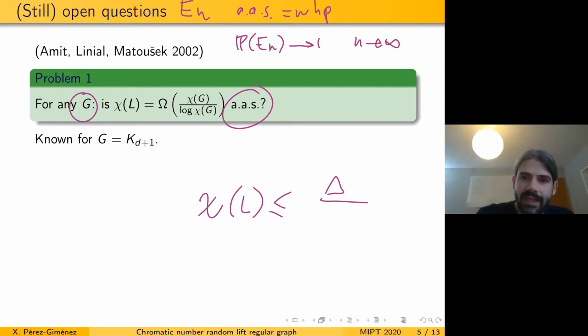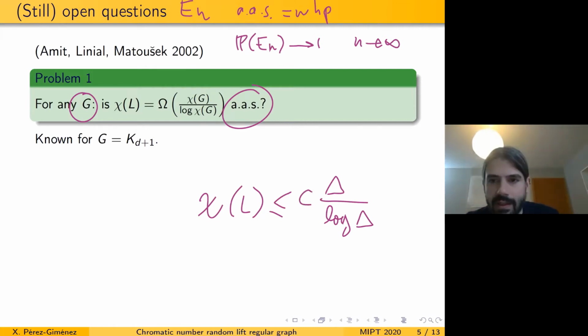So they show that AAS, the chromatic number of a random lift is at most delta over log delta times some hidden constant, where delta is the maximum degree of the base graph or the lift.